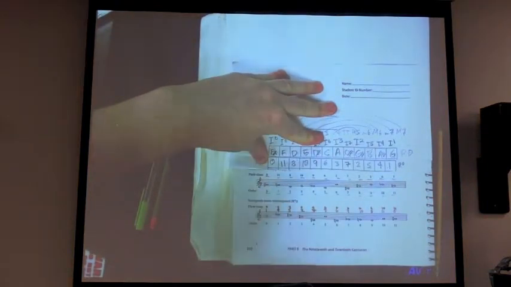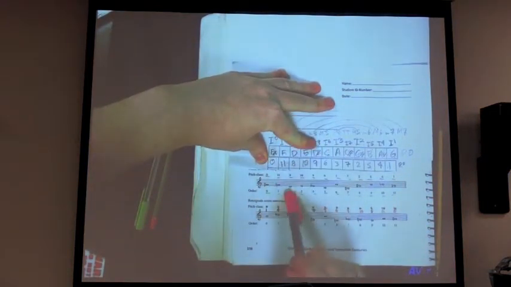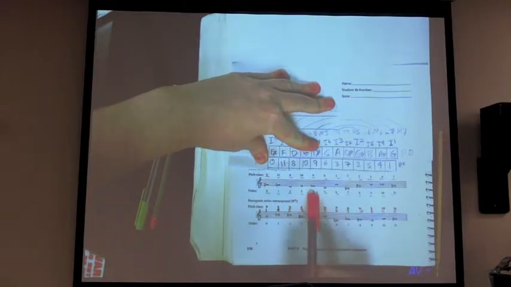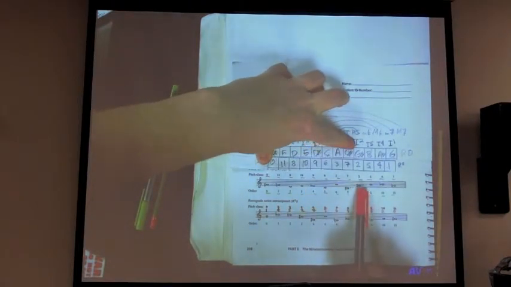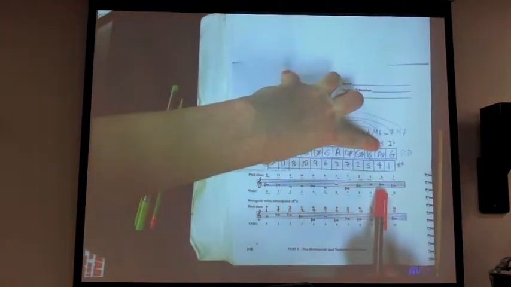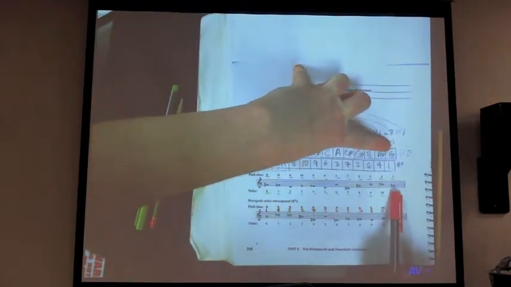F sharp, F natural, D, E, D sharp, E flat, same thing. C, A, C sharp, G sharp, B, A sharp, B flat, G natural.